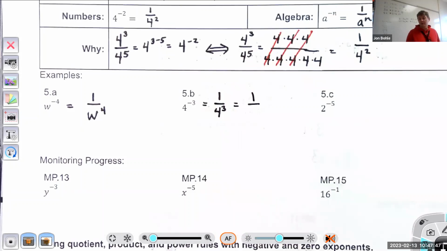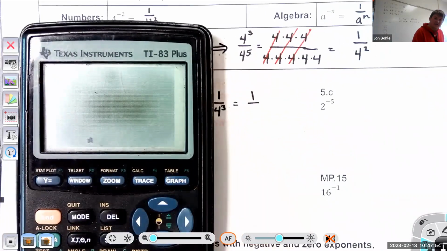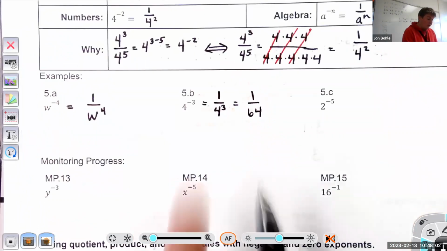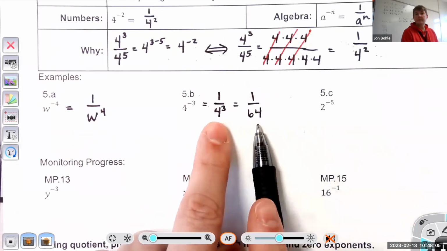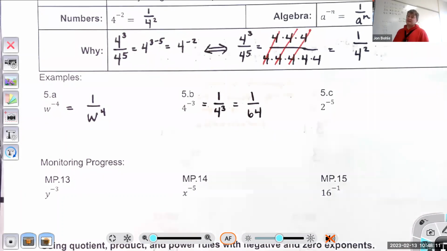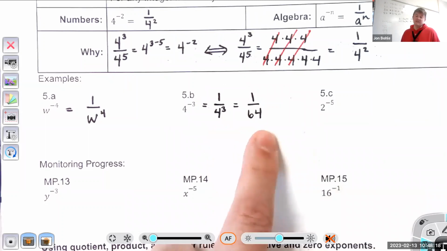How do I find what number 4 to the third is? Times it by itself 3 times. 1, 2, 3. 64. My expectation is I would see both of these from you. Not just one, not just the other, but both of these. So does everybody know how to get to this, the positive exponent? Okay, and then we all know how I got to 64.